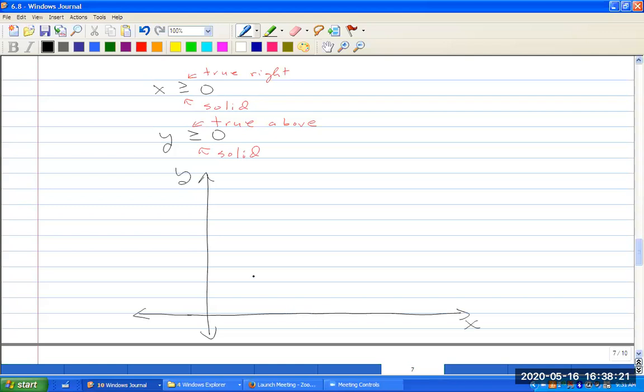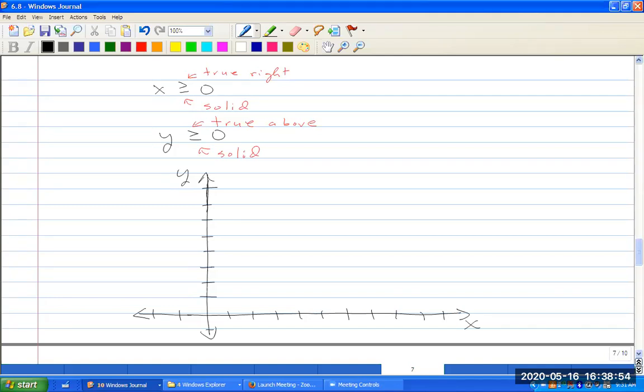Okay. Let's put tick marks. I noticed that this is going to be in the first quadrant. So that's why I drew mostly the first quadrant. That's where the feasibility region will occur. Okay, so I have that x is equal to 0.